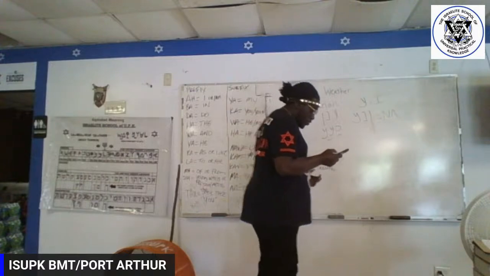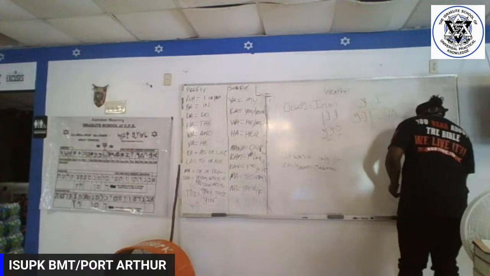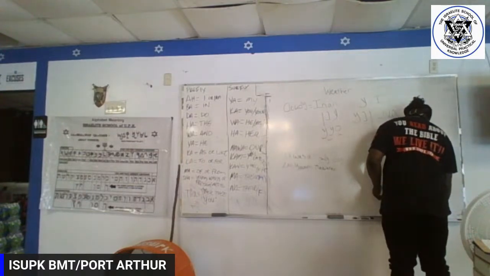You understand? And of course, I'm going to write that in both the Assyrian and the Paleo off the side. Let me see if I have a better marker up here.